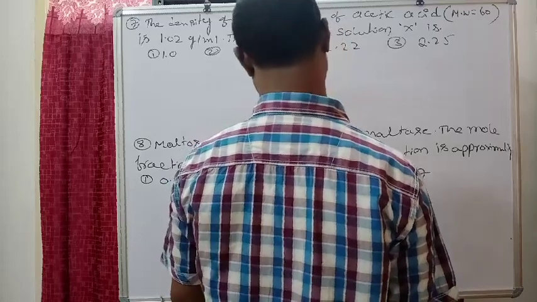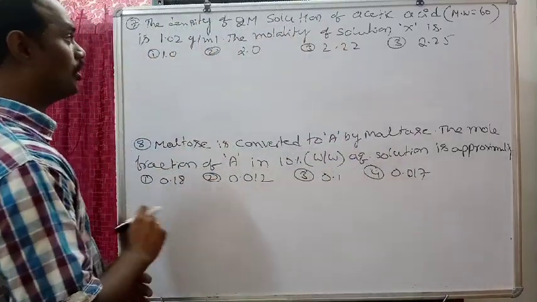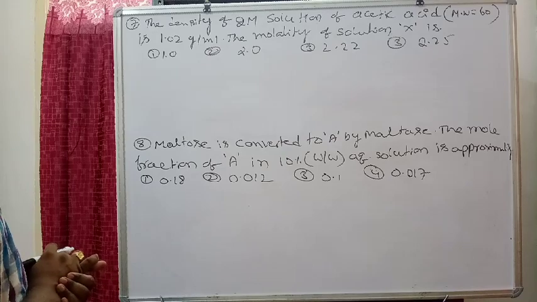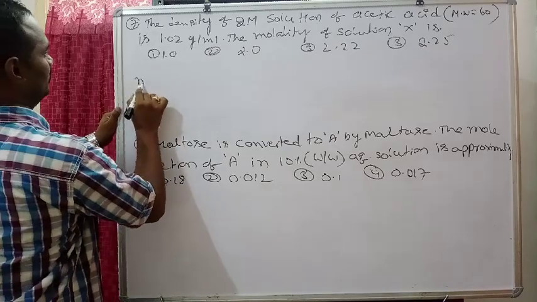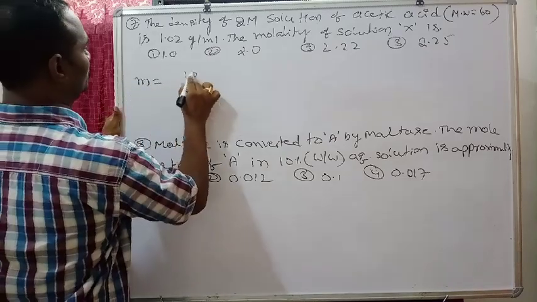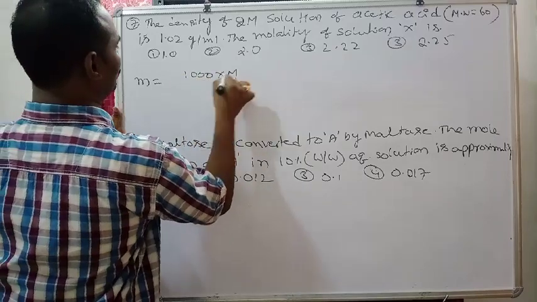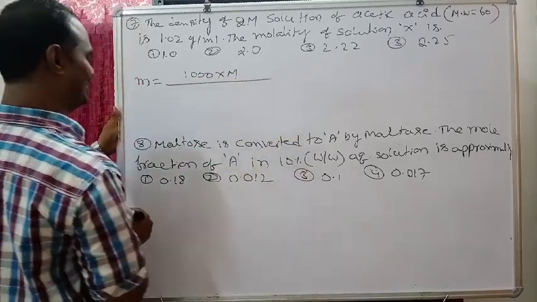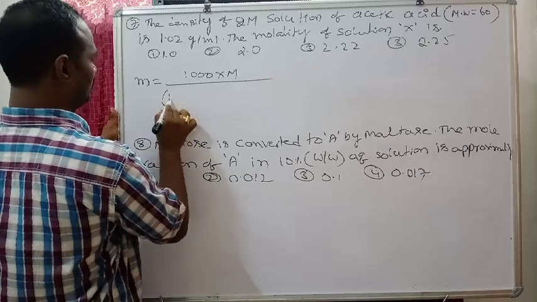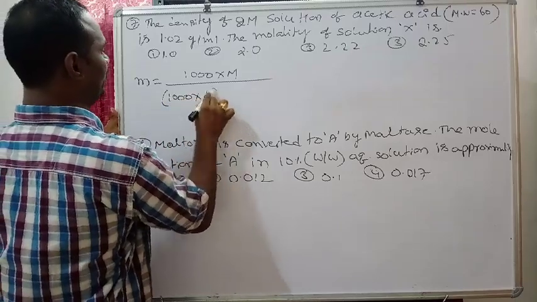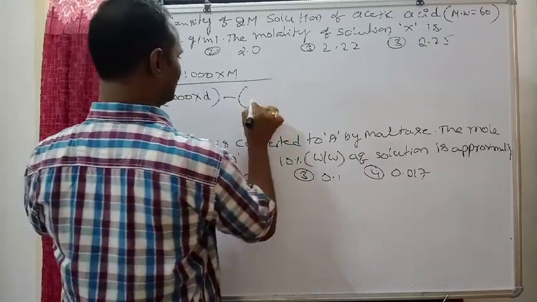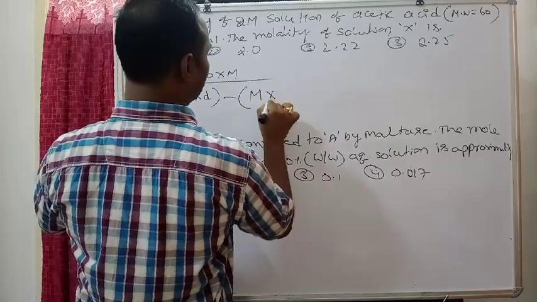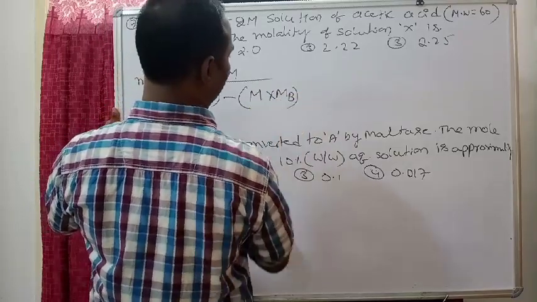The molality relation we already derived: small m equals 1000 into capital M, that is molarity, by 1000 into density minus molarity into molar mass of the solute.